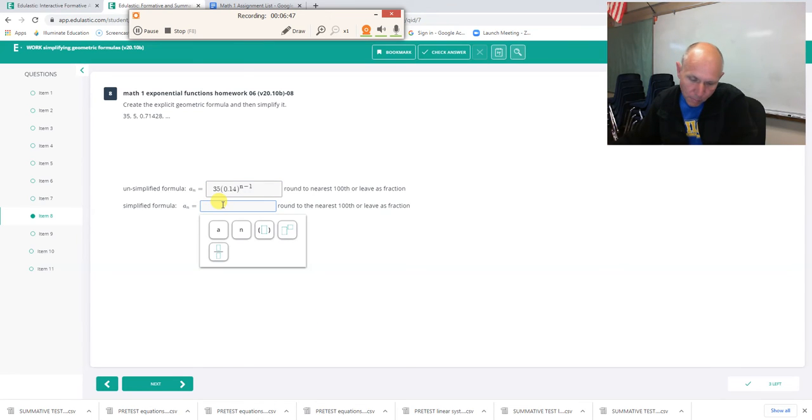Normally I'm multiplying by 0.14, but to get to the zero term, I've got to divide by 0.14. So 35 divided by 0.14 takes me to 250. 250, same ratio, 0.14, raised to the n power.